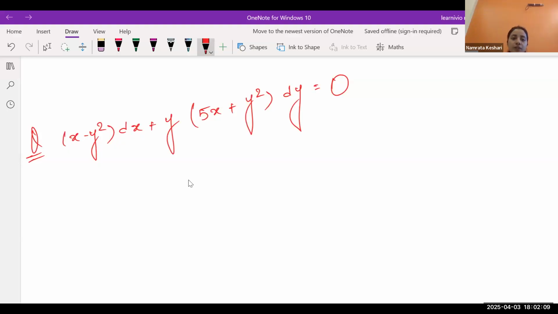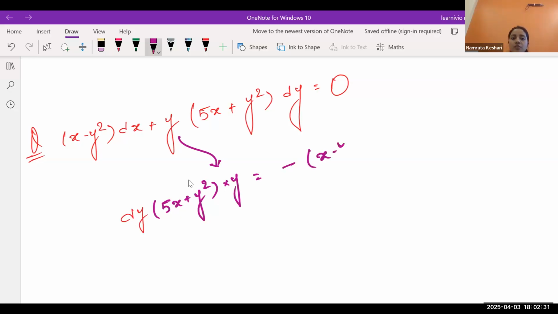First let me write this dy on one side: y(5x plus y square) dy, and shifting dx to the other side, minus of (x minus y square) dx.